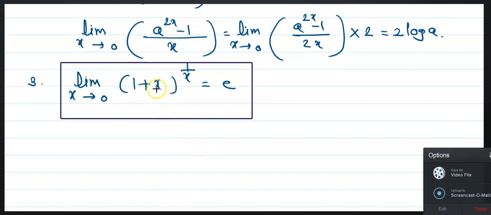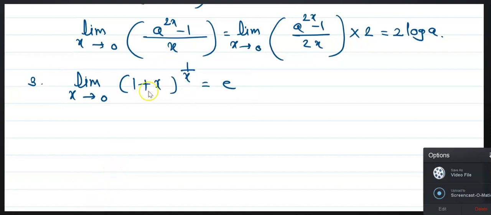Here we have 1 plus x, therefore we require the reciprocal of this quantity. The reciprocal of x is 1 upon x, and that's why we use 1 plus x raised to 1 upon x. The value of this limit is e.